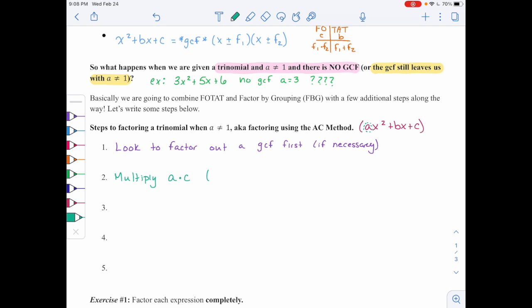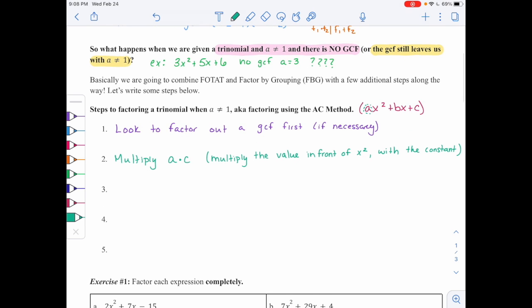So that just means multiply the value in front of x squared with the constant, the last term. Right, so we multiply AC.